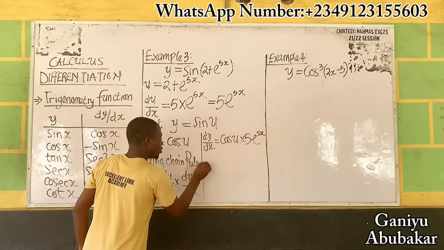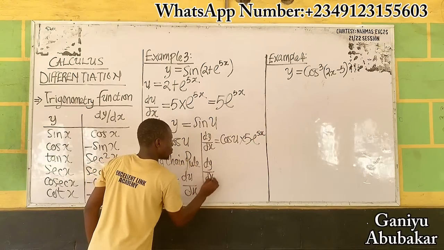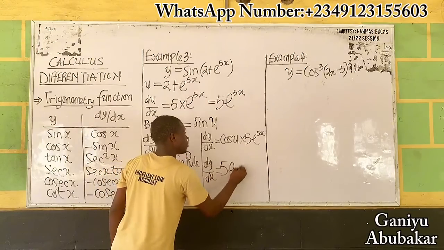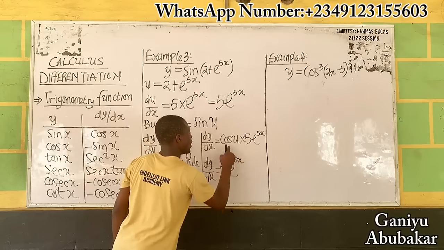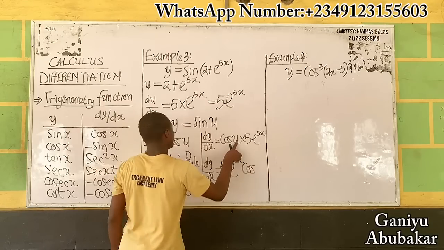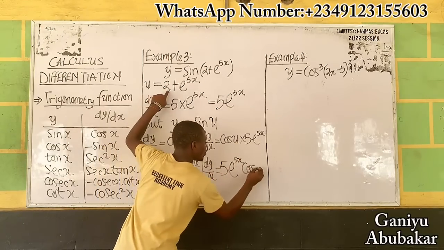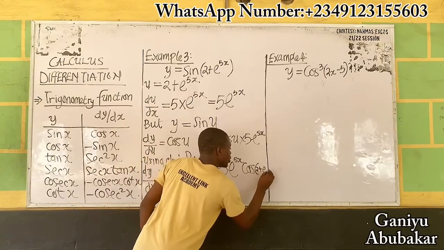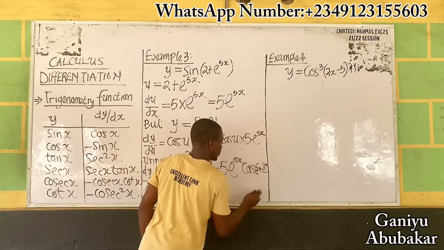That is done. To save time and space, I'll have my answer as 5 exponential 5x, then cos, what's u? u is 2 plus exponential 5x.